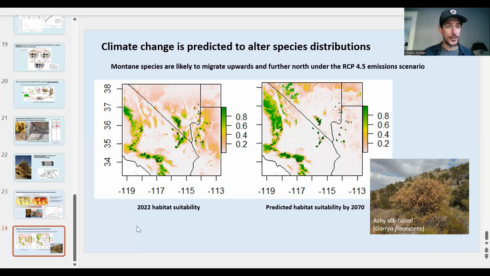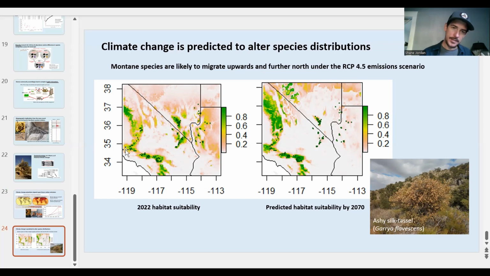And we have two different species distribution models showing where suitable habitat for this species occurs. And so again, we have suitable habitat going from 0 to 1 on this scale, 0 being these very lightish colors, 1 being these dark green colors. Same is true on this other map. And this map on the left shows what habitat suitability for the ashy silk tassel looks like at present.